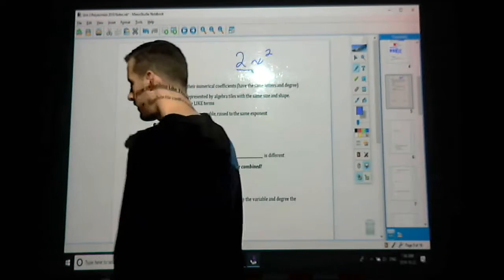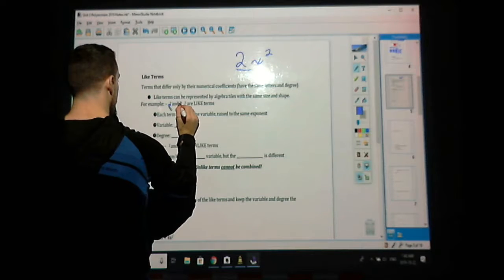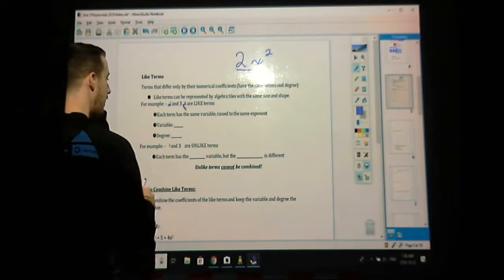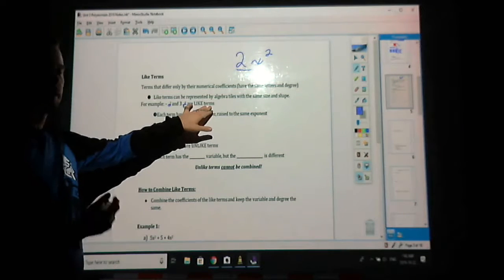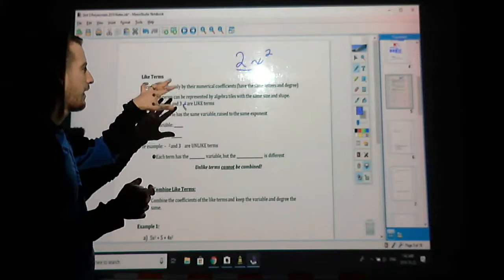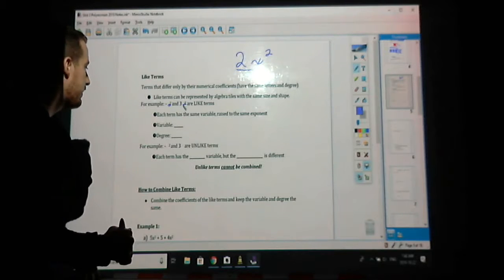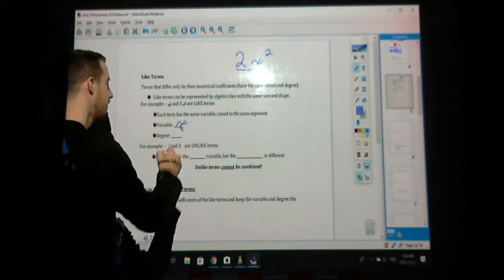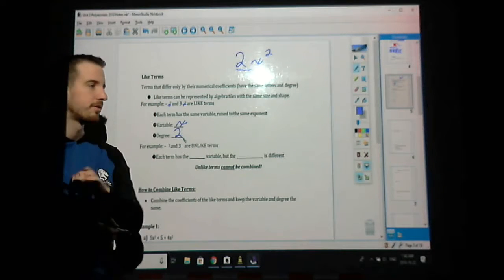So for example, negative x squared and 3x squared are like terms because x squared is the same degree and the same variable, okay? So each term has the same variable raised to the same exponent. In this case, x is our variable, and our degree is 2 because the exponent is 2.